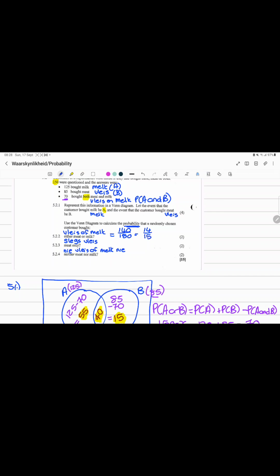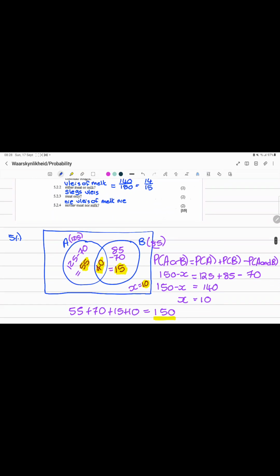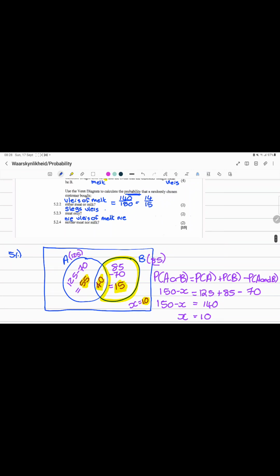Then, what's the probability of them only buying meat? Only buying meat will just be this part of my circle, and we can see that that will be 15. So this will be 15 out of 150, and if I simplify that, it will give me 1 over 10.